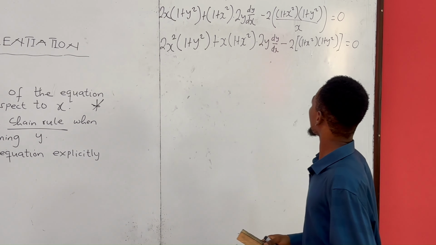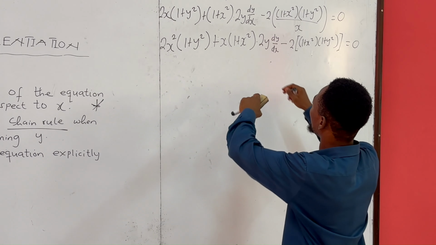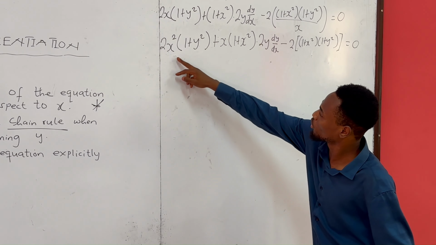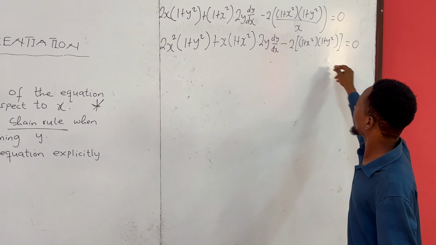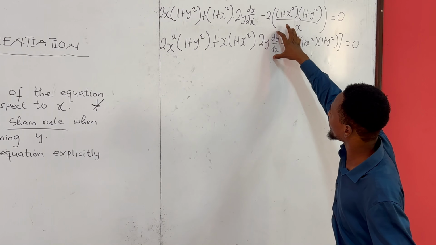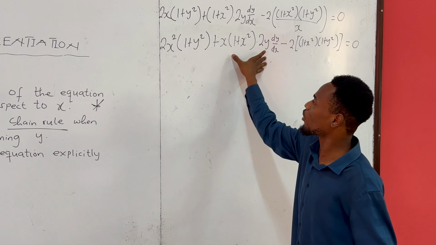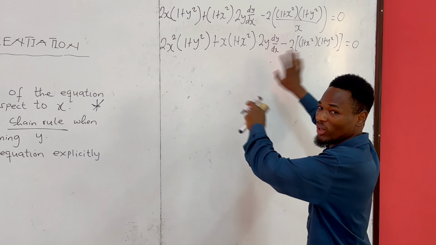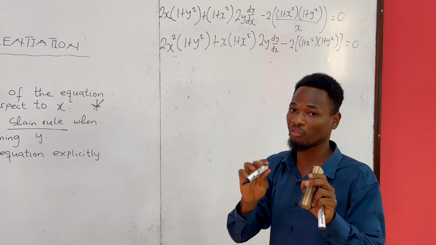Alright. Now, let me group. When I look through the equation, I can see dy/dx somewhere here. So I'll group dy/dx on one side in order to avoid confusion.